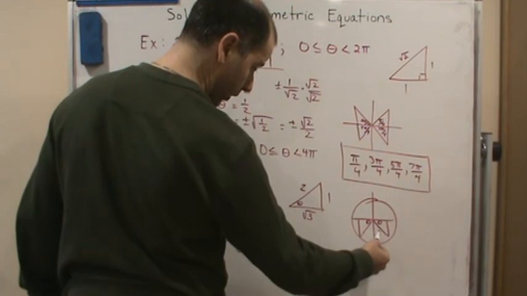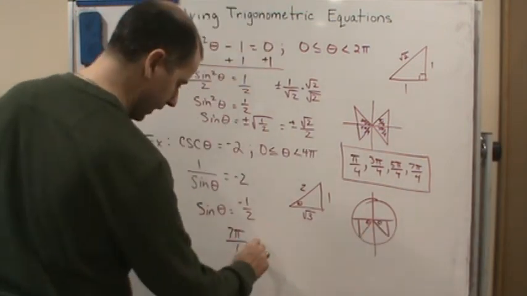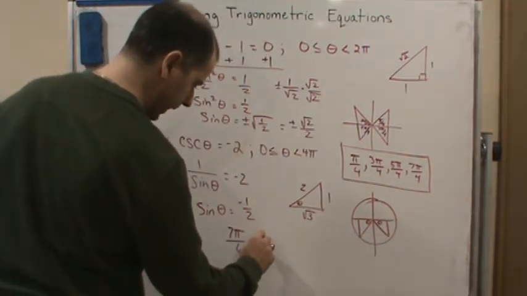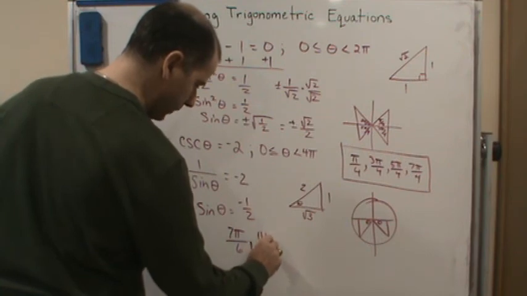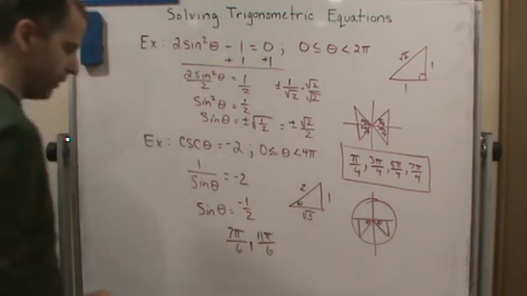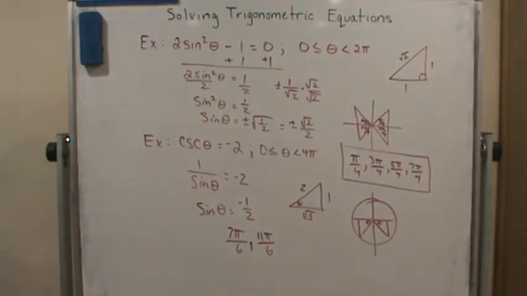So if you subtract one of those, you get 11 pi over 6. So your two angles are going to be 7 pi over 6 and 11 pi over 6.